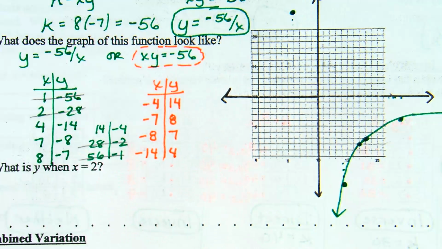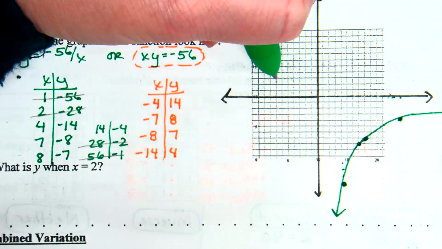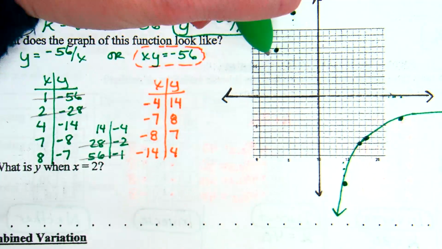I'm also going to go left 8. So one more. Up 7. And then negative 14, 4. Something like that. And again, remember these are forming these curves that curve out to make my inverse curve.